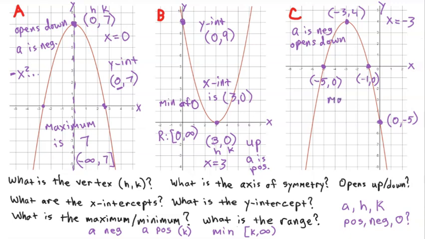So this one has a maximum of 4, okay? And since this has a maximum, the range starts at negative infinity and goes up to k, which is 4, and we put a bracket, and now we're all done. We've identified all of the qualities of graph A, graph B, and graph C.